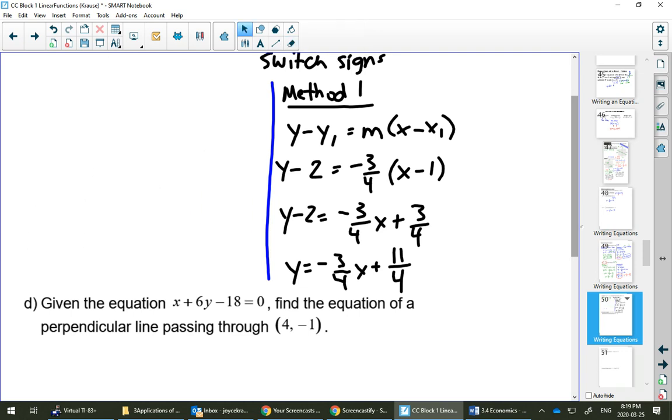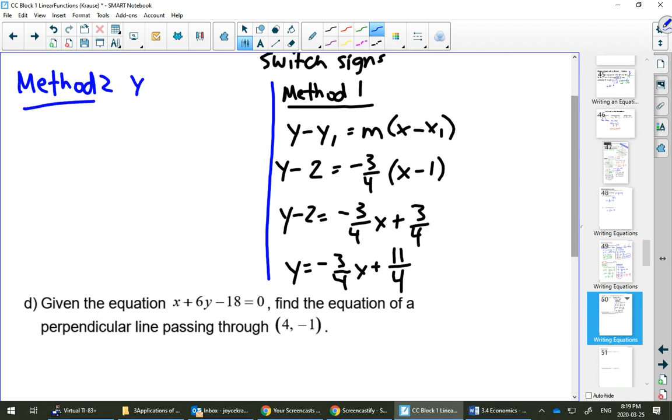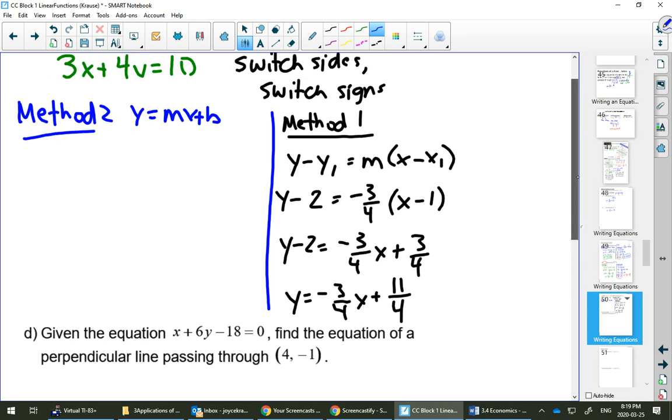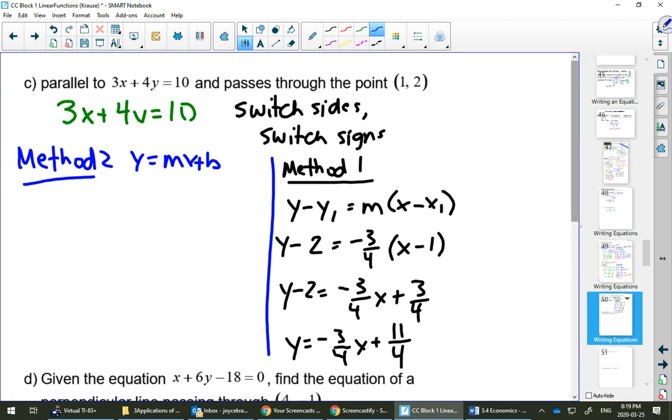Looking at method 2, we have our slope of negative 3 over 4, and we have our y value of 2 and our x value of 1. So y equals mx plus b. x was 1 and y was 2.